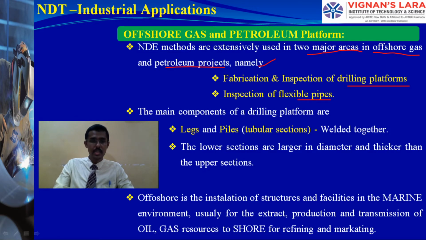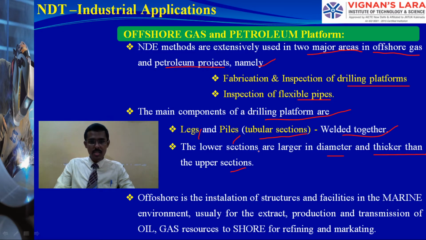So this helps there. The main components of drilling platforms, number one, are legs and piles, which are tubular sections welded together. Previously we have seen images. The lower sections are larger in diameter and thicker than the upper sections.